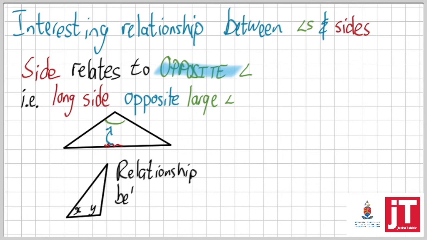Well, I can ask you, which angle is the biggest, X or Y? And give me a reason. Well, Y is larger than X because it is opposite a longer side. This is easy stuff, but it's good to remember.